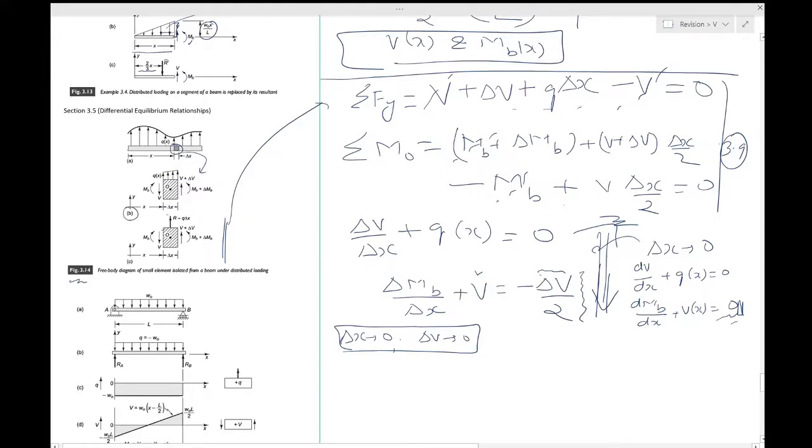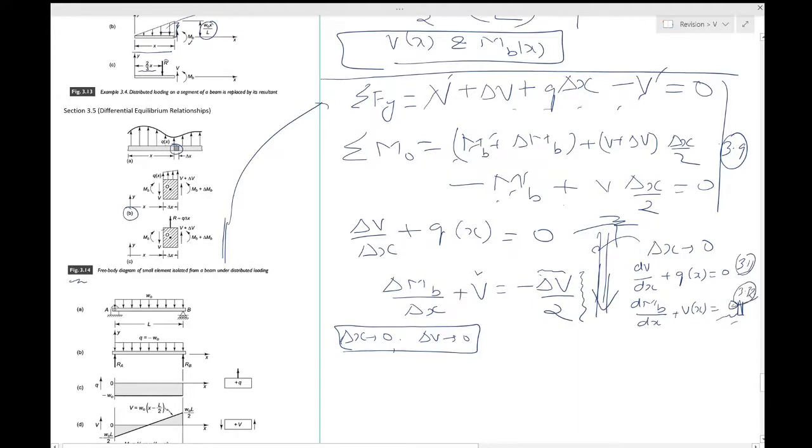If you make this delta x really small, there would hardly be a delta V or hardly be a delta MB. So when this tends to 0, this will also tend to 0, and this will also tend to 0. So that's the argument which you can make in the limiting case.